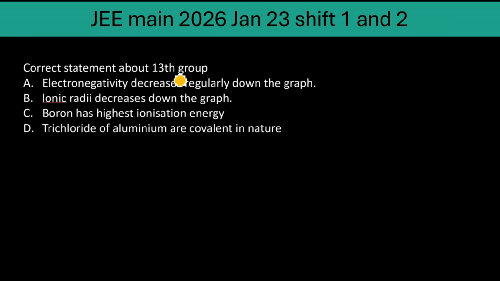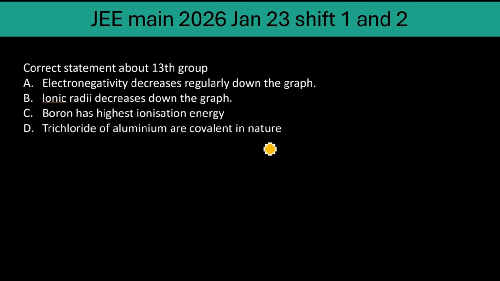Correct statement about the 13th group. Electronegativity decreases regularly down the group. Ionic radii decreases down the group. Boron has the highest ionization energy. Trichloride of aluminium is covalent in nature.